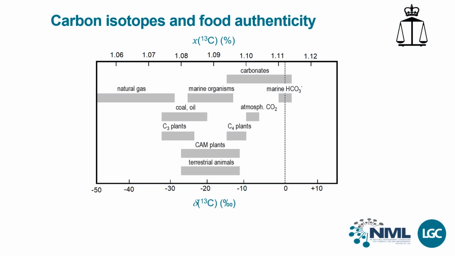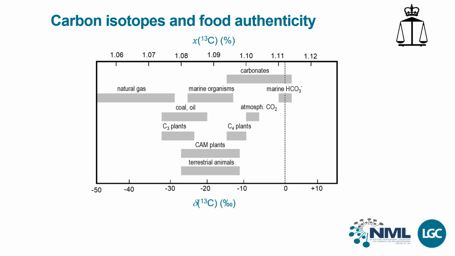The plot illustrated here shows the expected carbon isotope delta, bottom axis, and carbon-13 atom fraction, top axis, for different plants, animals, and classes of materials containing carbon. While atmospheric carbon dioxide has a carbon isotope delta of about -8 per mil, the various groups of plants exhibit more negative carbon isotope delta values and lower atom fractions of carbon-13.